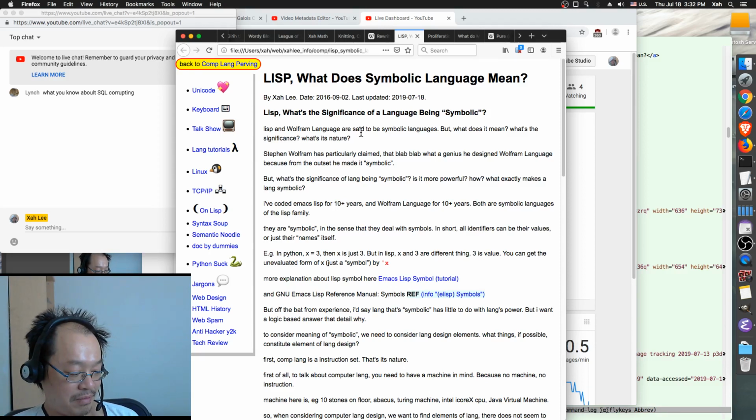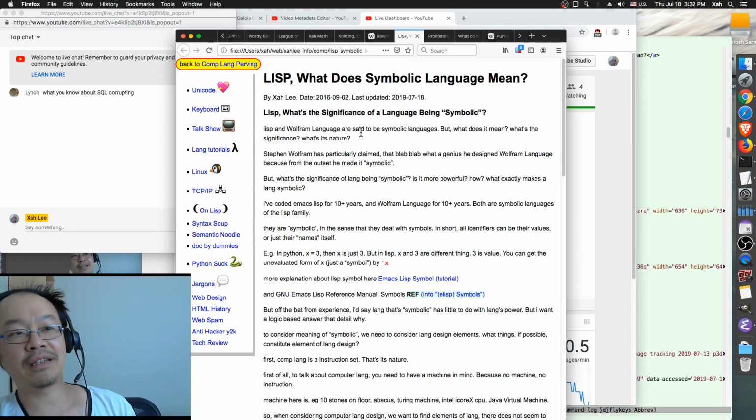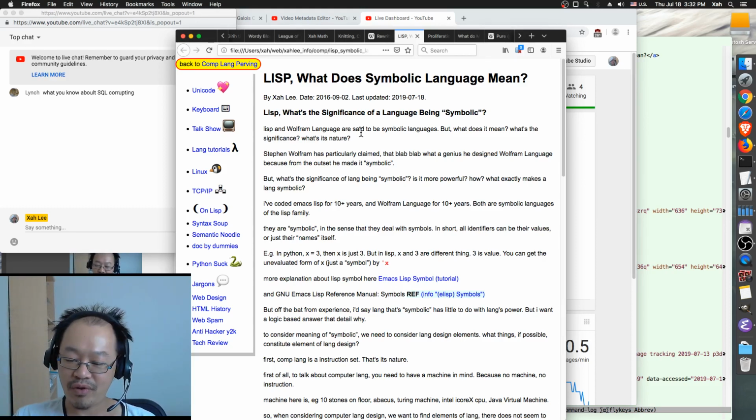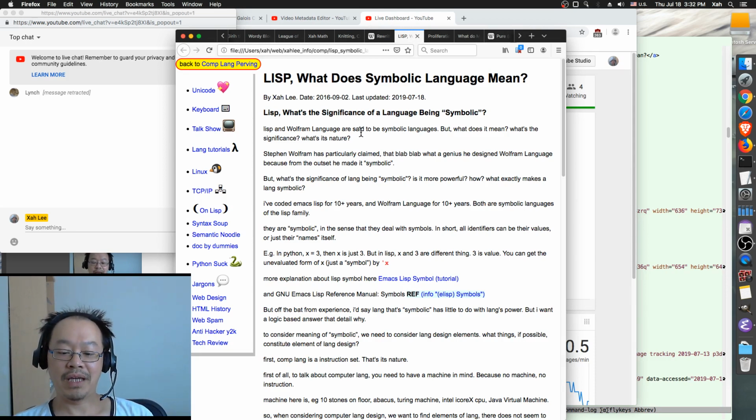So okay, let's summarize. Mathematica and Lisp are languages that are so-called symbolic. That is, every identifier, every variable name, function name, even operators, they are symbols. A symbol has a value, or it may not have a value, or it may be kept unevaluated.